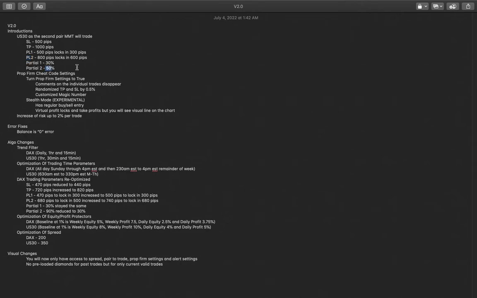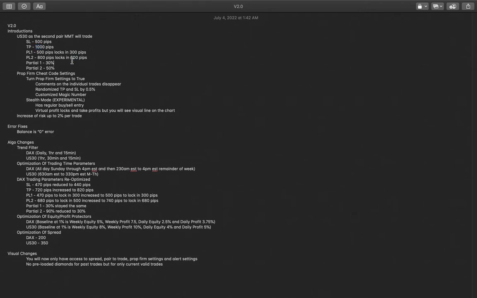So it'll close out 0.35 at 800 pips, and then lock in profit at 600 pips. And then the remainder 0.35 either hits the 1,000 pips TP or it will come back and hit stop loss in profit.